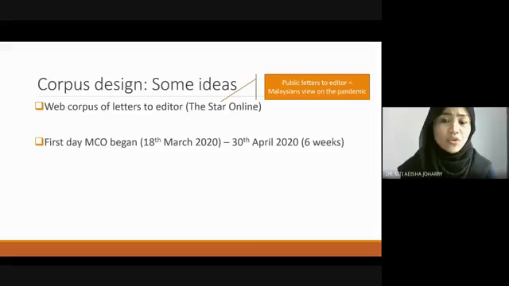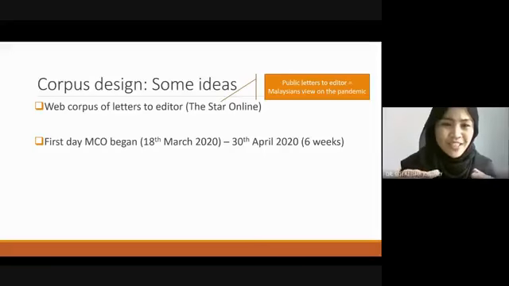The next thing you want to do is focus and give a scope, and this is the timeline that we decided on.